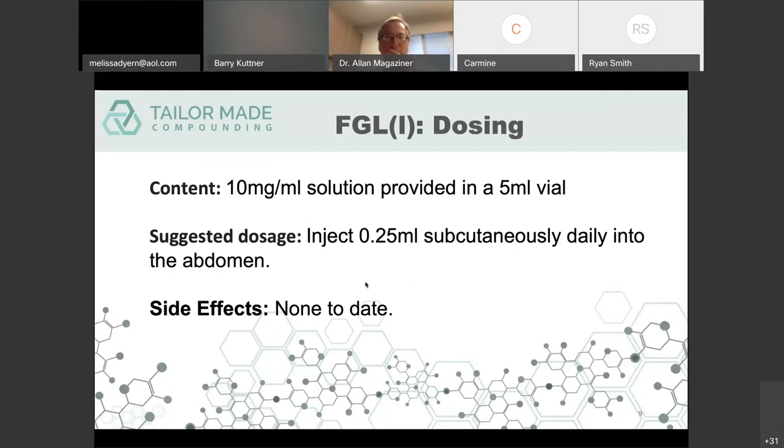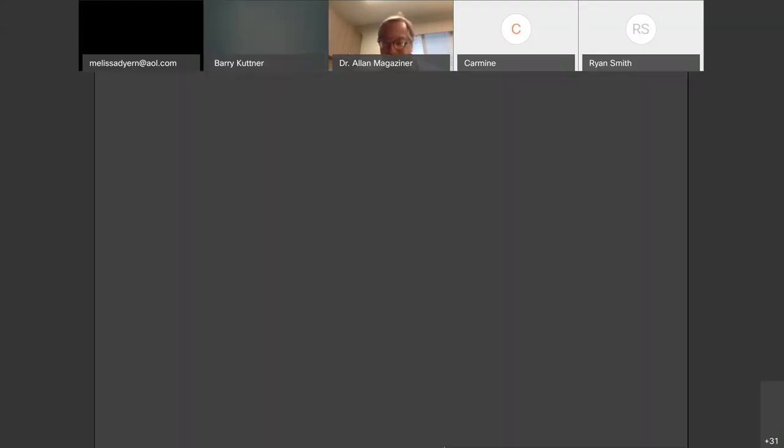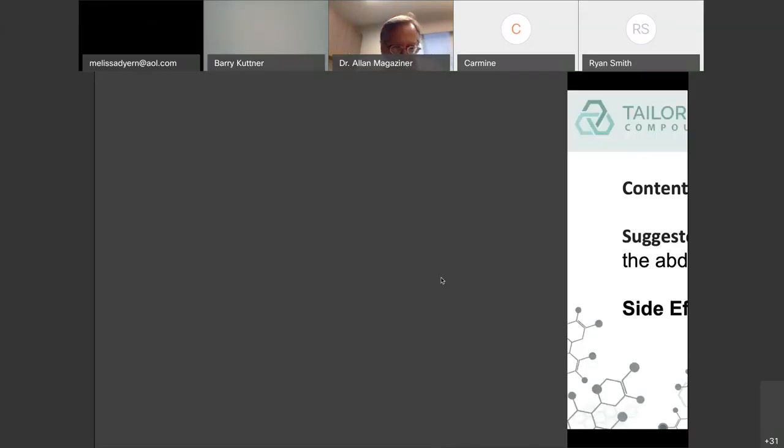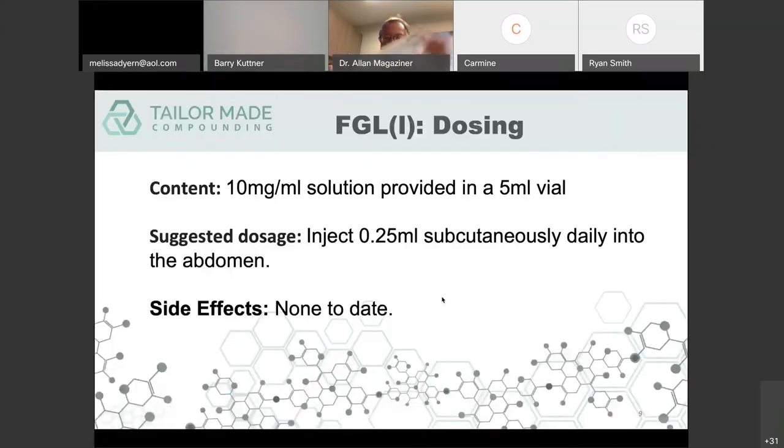By doing this, we're able to offer a subcutaneous dose, which is really as high as we can go. This helps us hit those physiological plasma levels and affect change, while still maintaining some cost consciousness. This product would be a 25-day supply if you inject it at 0.25 mLs, which would be equivalent to 0.5 milligrams.